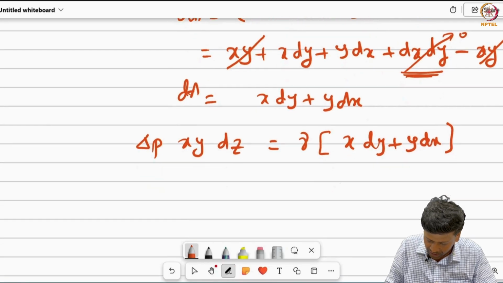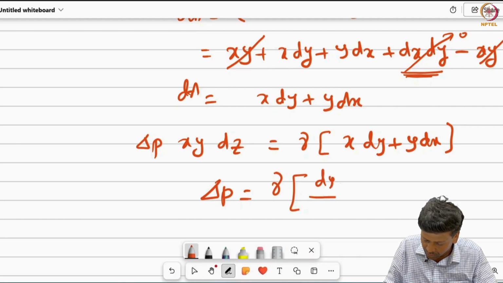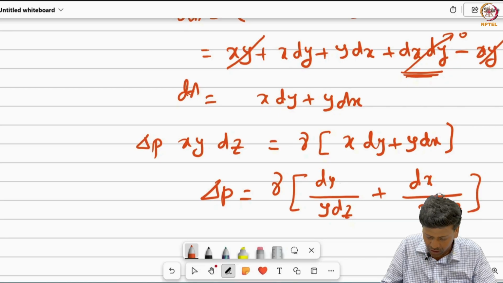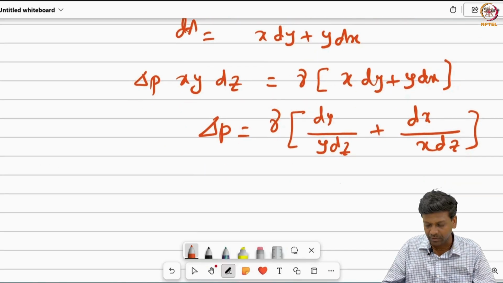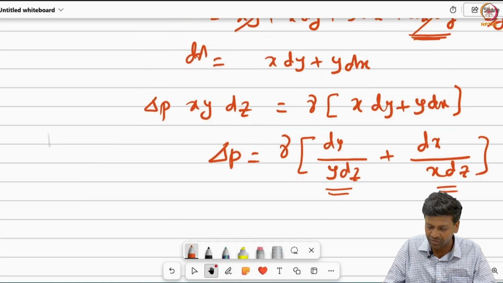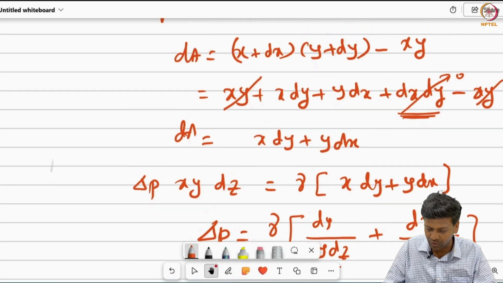So delta p here is nothing but gamma into dy by y dz plus dx by x dz. Now we are left with one step, that is we need to know what y dz and x dz are. Then we will be able to get the general equation, the Young-Laplace equation.